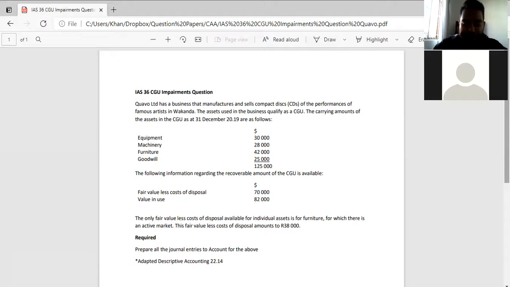For example, the machinery that Coca-Cola uses to make Coke. The machines on their own cannot generate cash flows independently. How do the machines generate cash flows? By producing Coke, and the machines are used with other things like powders, gas, whatever, to make Coke. Once the Coke is made, it must be bottled.